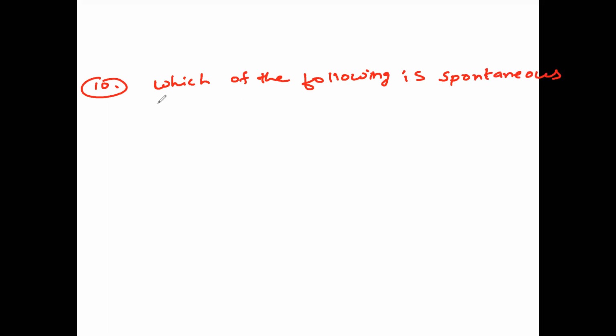Simple. Which of the following is spontaneous? This is a previous NEET question. At all temperatures.